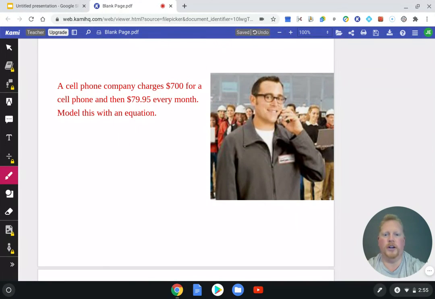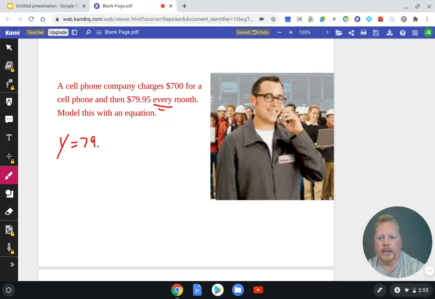A cell phone company charges $700 for a cell phone and then $79.95 for every month. Model this with an equation. Well, I see right there a key word, every month. That's a pretty good indicator that that's going to be our slope.